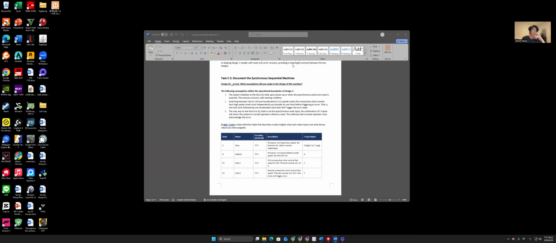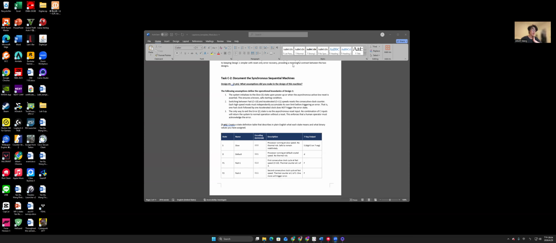And the third one is that the only way to leave the error state is the asynchronous reset. Inputs alone cannot recover the system. These assumptions make design one simpler and easier to verify in Digital.